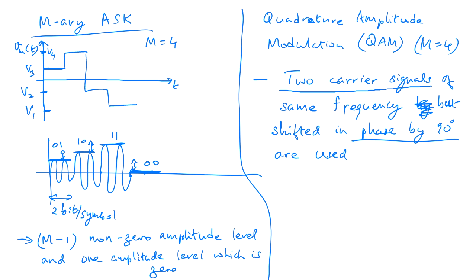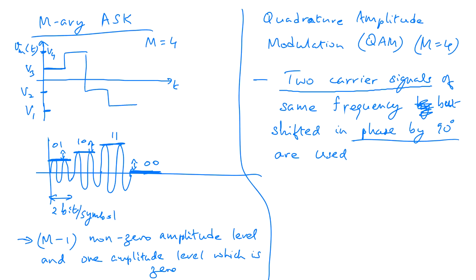So we will have a carrier signal which is a cosine signal, and another carrier signal which will be of the same frequency, but instead of cosine we'll use a sine signal, and it can be a positive sign or a negative sign, right? Minus sign or plus sign. Either way, it is a 90 degrees phase shift with the cosine wave. So we are going to use two carriers.